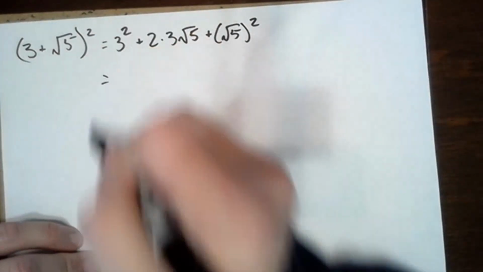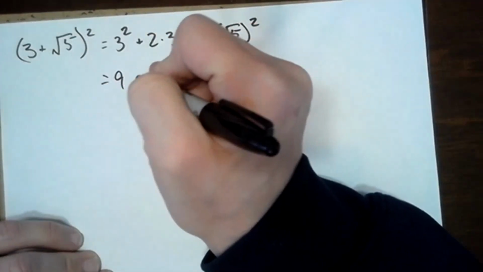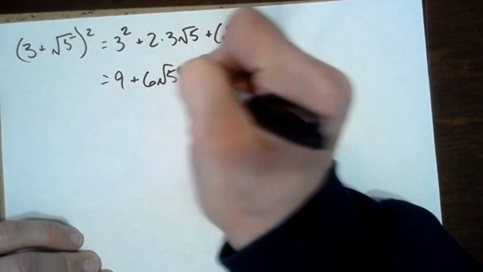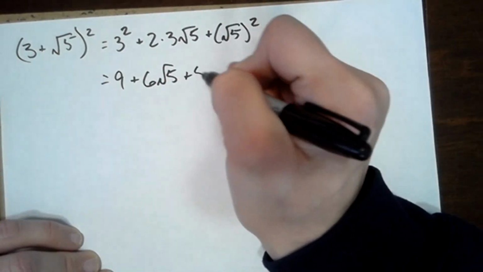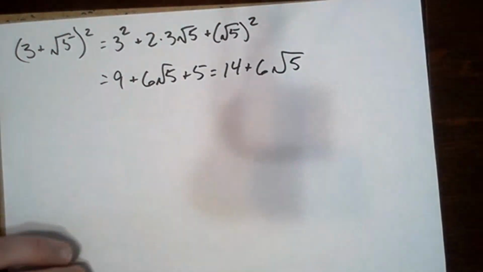In this case, a is 3. So that becomes 3 squared plus 2 times 3 times the square root of 5 plus the square root of 5 squared, which is 9 plus 6 root 5 plus 5, which gives us 14 plus 6 times the square root of 5.